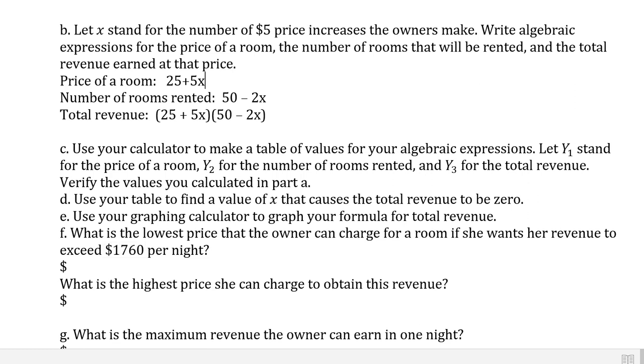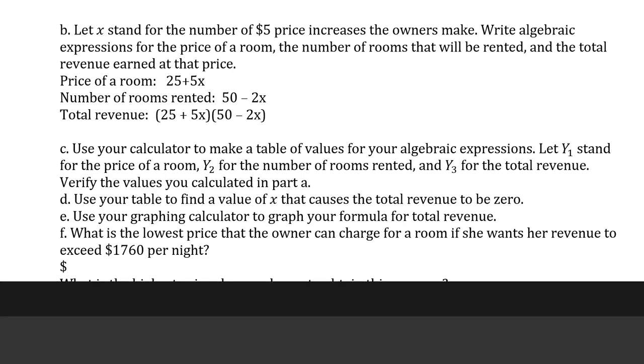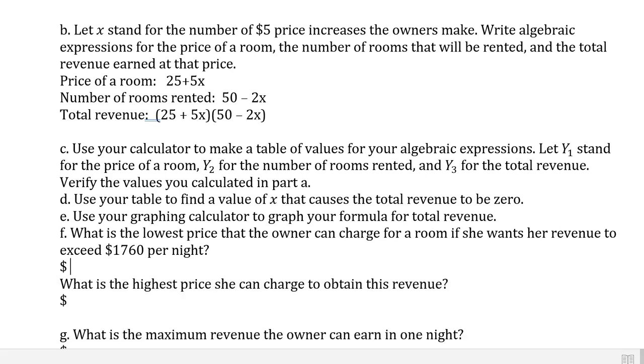Okay, so we take our formula for the price of a room, which is 25 plus 5x, and we can use that to determine what the actual price of the room would be. And so for the first one, we would have 25 plus 5 times 3 for 3 price increases, or 25 plus 15, which is $40.